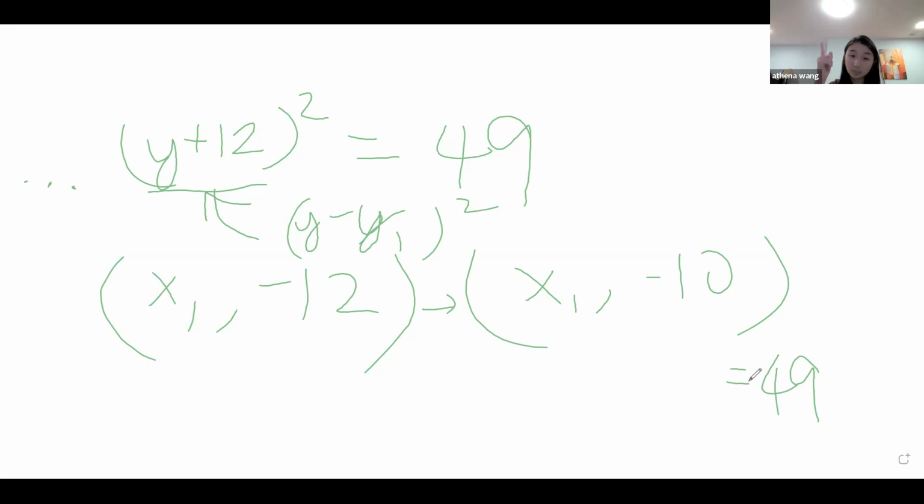It only moved up, so it only changed the y value. So our x part still stayed the same. And then we have our change in the y. Since it's subtracting negative 10, we have y plus 10 squared. And that's why our answer was B.